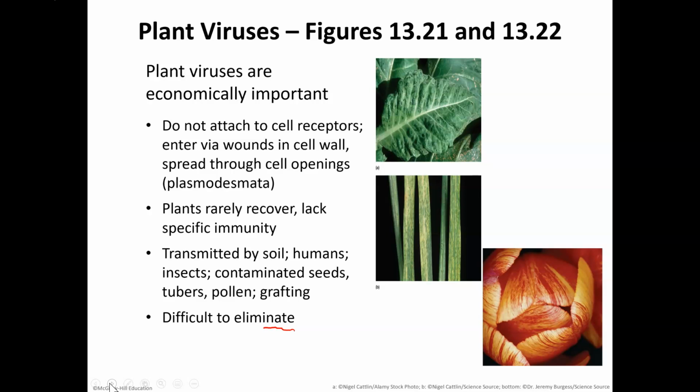Because they are typically transmitted by insects or through the soil, as well as through pollen, it's hard to eliminate these diseases. An example would be Dutch elm disease, a plant viral disease.